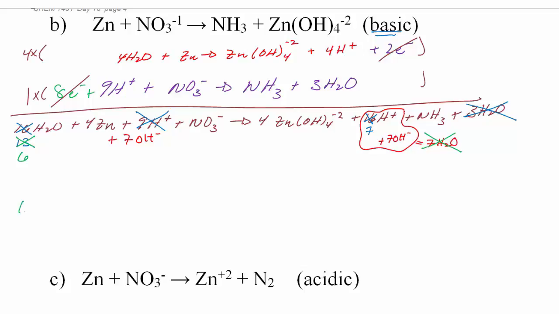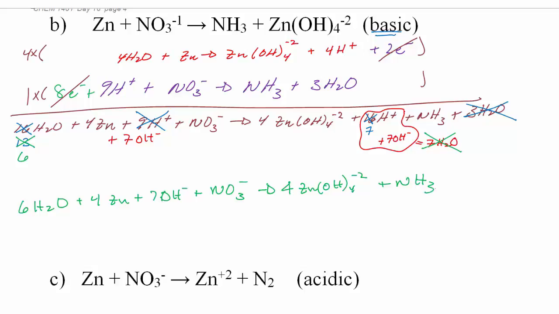I'm going to have 6 moles of water plus 4 moles of zinc plus 7 moles of hydroxide, a mole of nitrate. It's going to produce 4 moles of that zinc complex, a mole of ammonia.